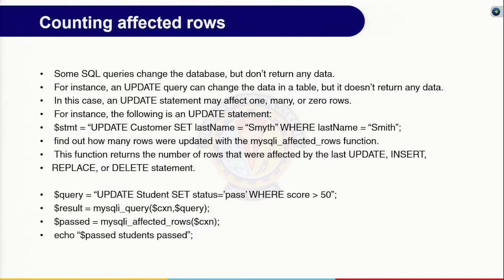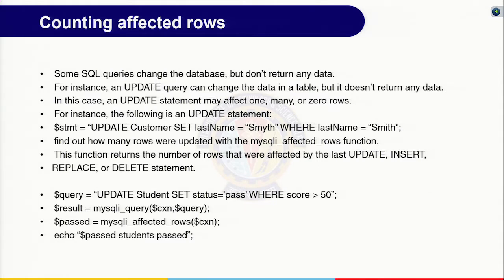Another useful function is to calculate the number of affected rows. Some queries change the database, but some don't. For instance, an update query can change the data in a table, but it does not return anything. In that case, we are not sure how many rows the update statement will affect.